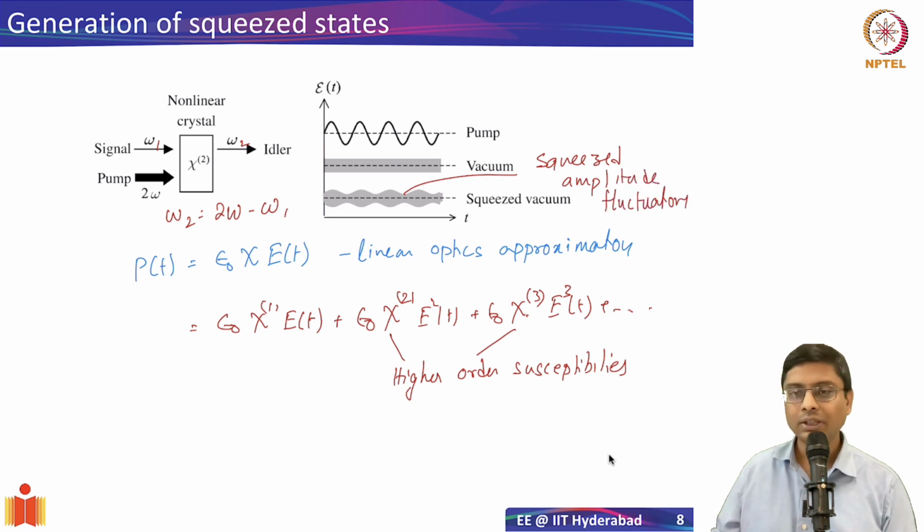So basically you can generate this squeezed vacuum. You can also generate squeezed signals and so on from here. It's not as simple as it sounds. There are a lot of interesting experiments that we can do, and a lot of intense things that can be done. But it pushes the frontiers. All right, so this is how you can generate squeezed states.